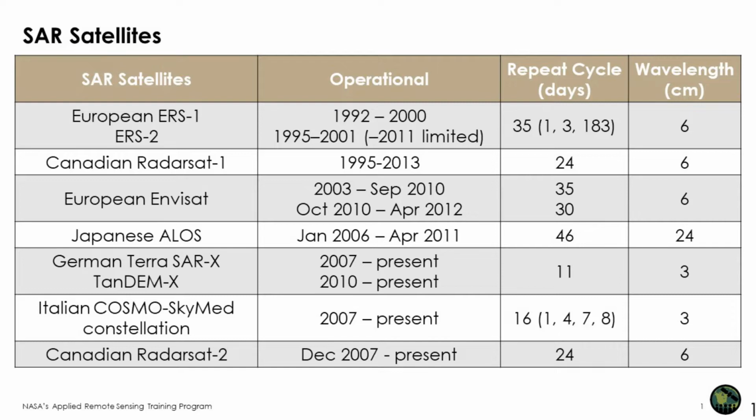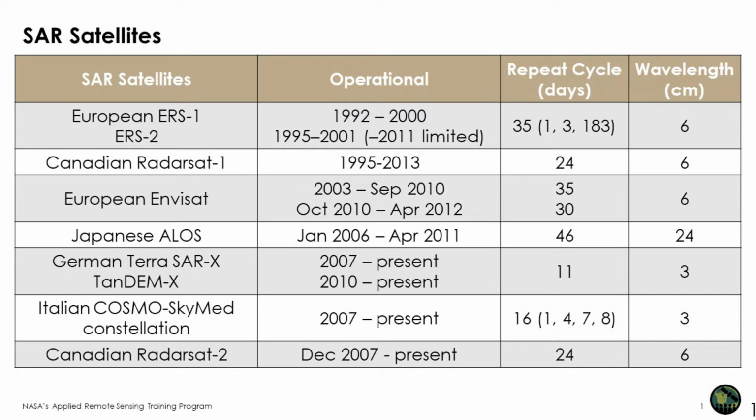I wanted to tell you about the different satellites that are available in general. Some data is more available than others. The European Space Agency operated 2 satellites, ERS-1 and ERS-2, starting in 1992 and running until 2001 in good shape.